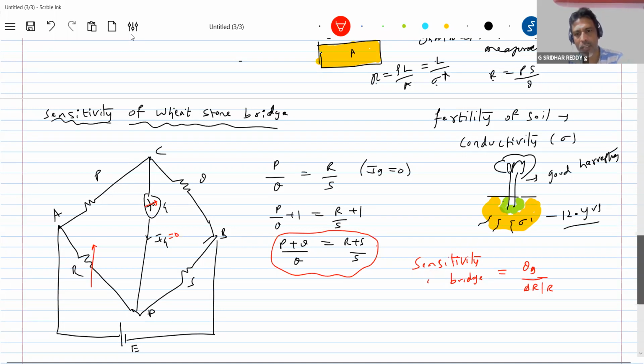Now you can ask why you need this first of all, because the current through the galvanometer is 0. The reason is to have more accuracy. The difficulty is that for the balance condition the pointer should be 0, no? The pointer should be 0.